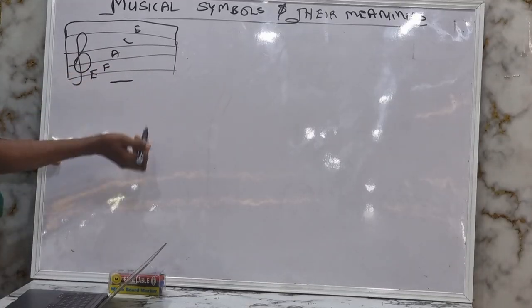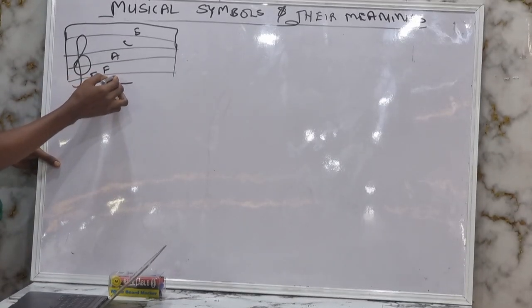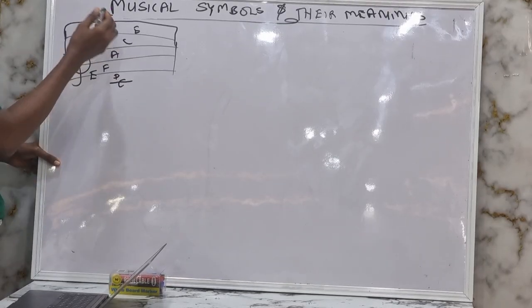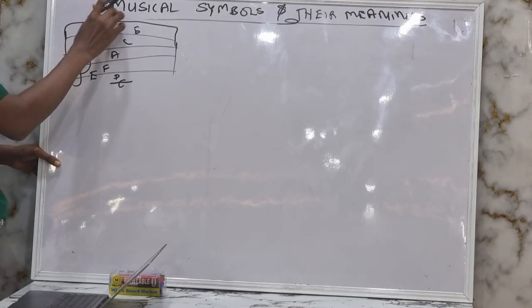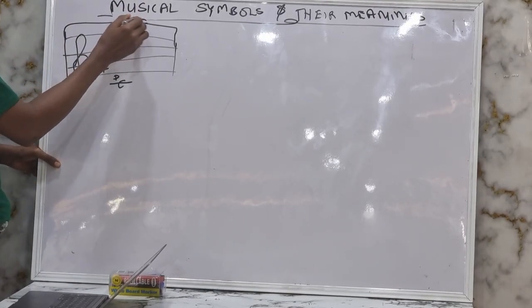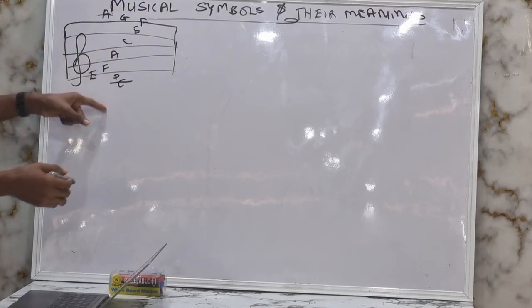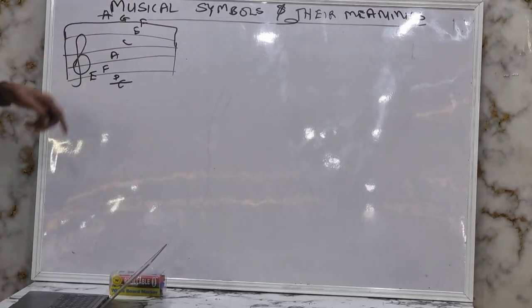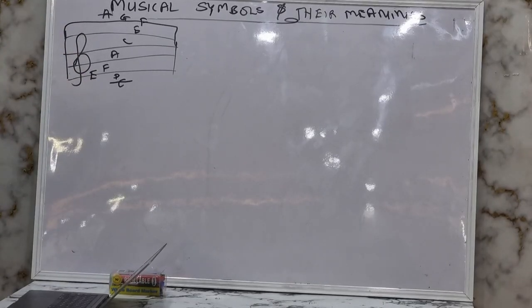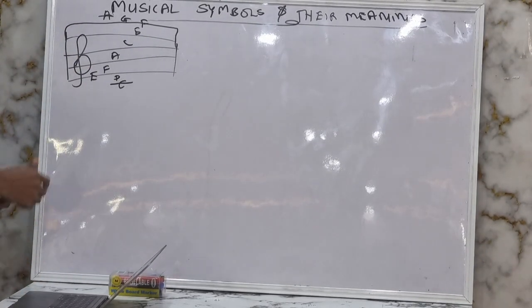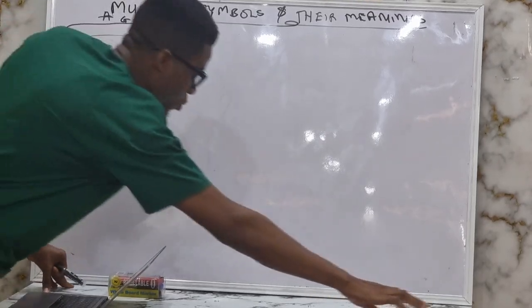Because of your ledger lines, here is D. So on your ledger line here will be what? C. And if you are going up, like we also said, here will be E, F, here will be G, and then here will be A. Why? Because of the ledger line. So you can use them to extend pitches on the staff. That's what ledger lines are used for. That is part of the symbols.